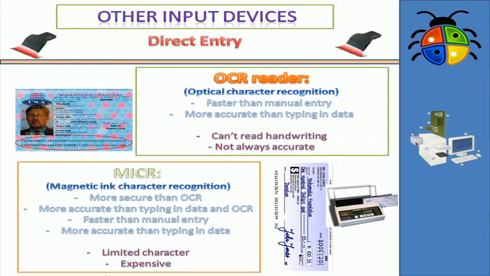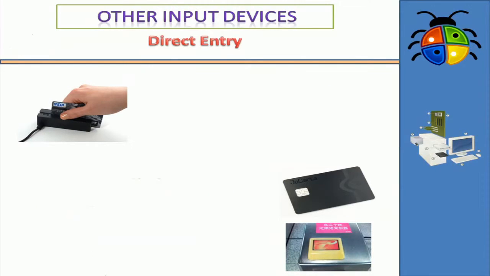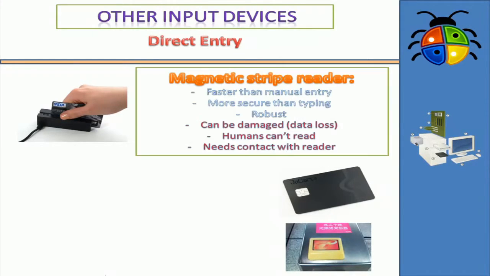Okay, let's have another look. Okay. So we're still on direct entry, but we're kind of getting more into credit cards and other things like that here. So our first one is a magnetic stripe reader. So these are very common on the back of a bank card.